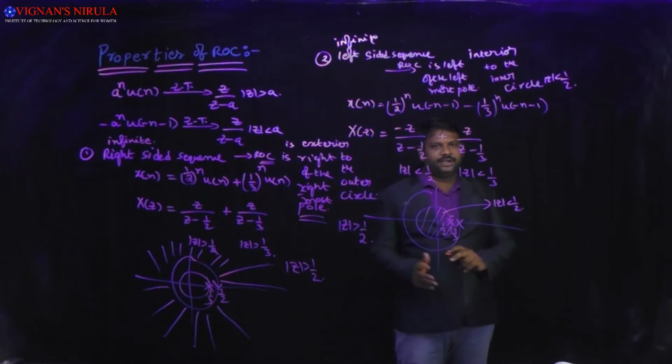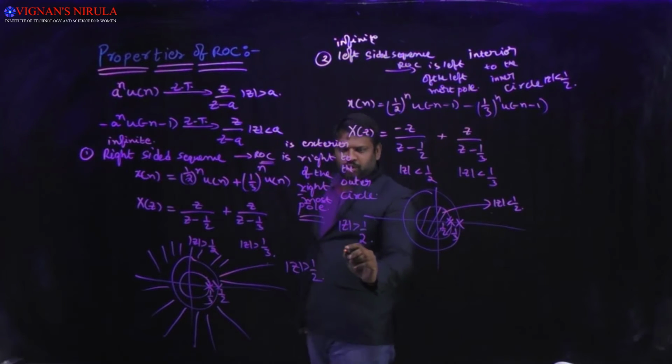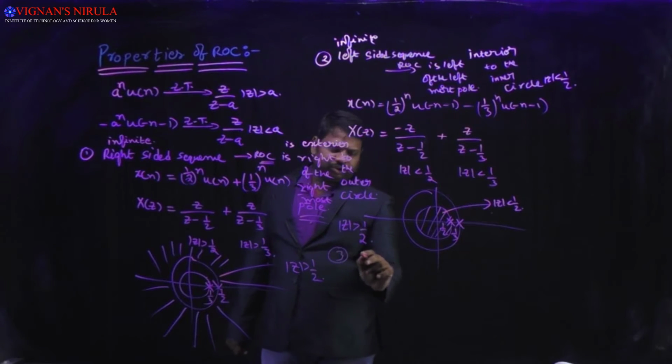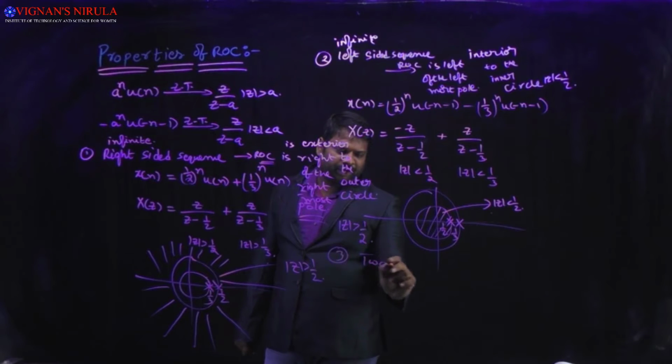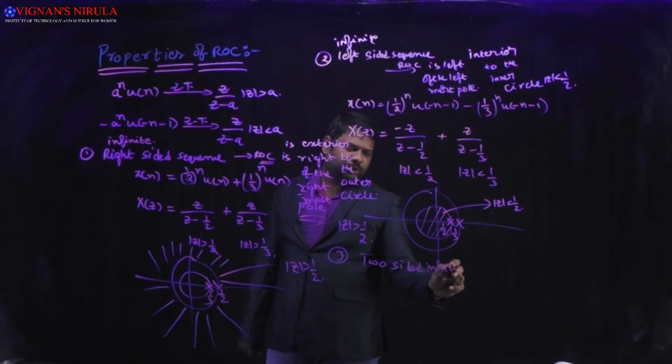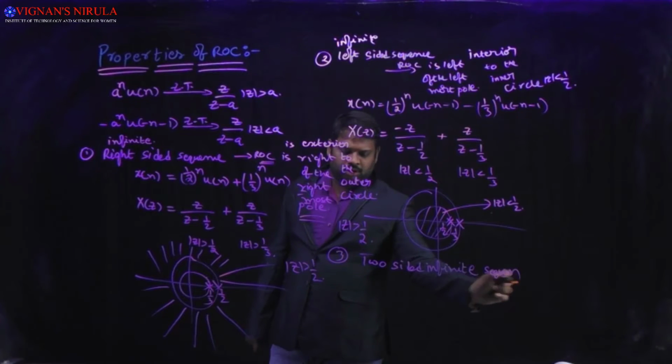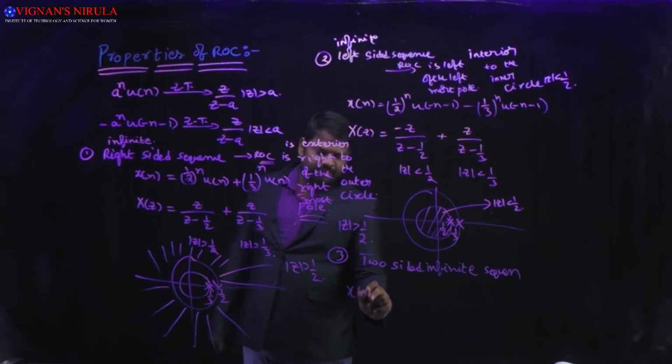If it is combined, the case of that is a two-sided infinite sequence, that is x of n, will be given like this.